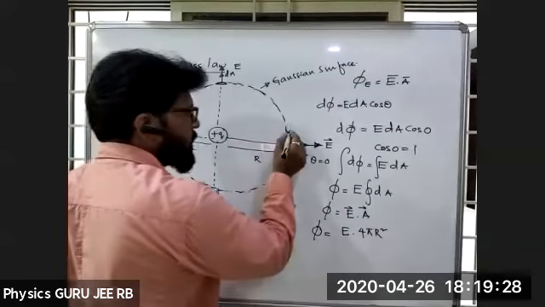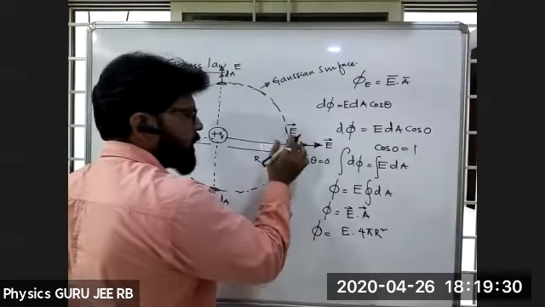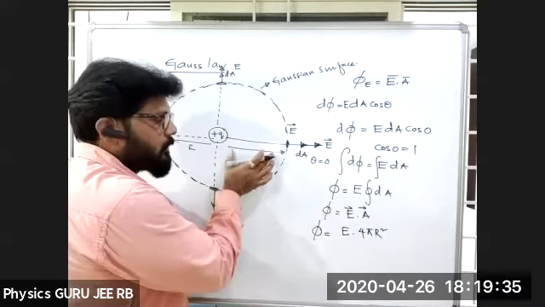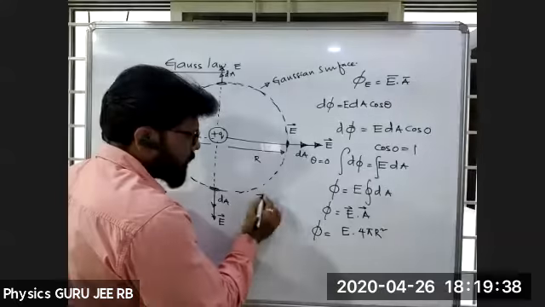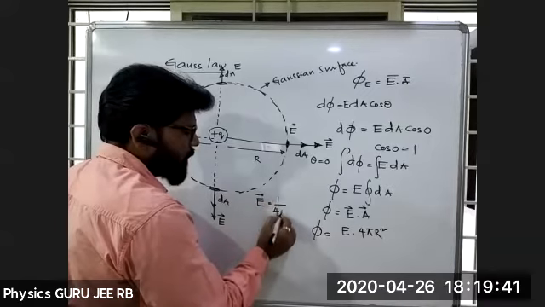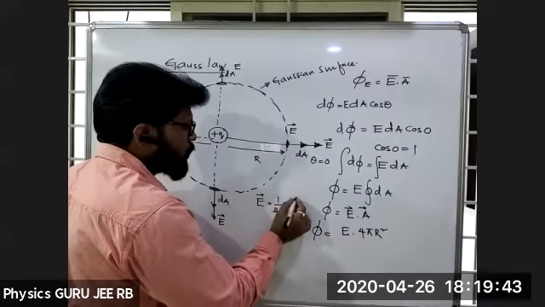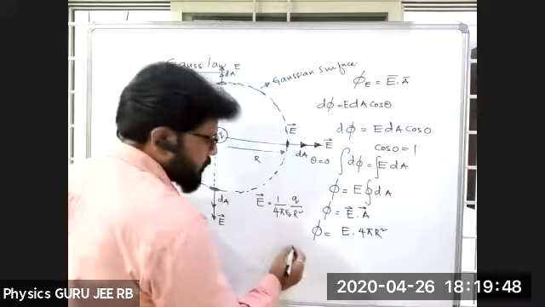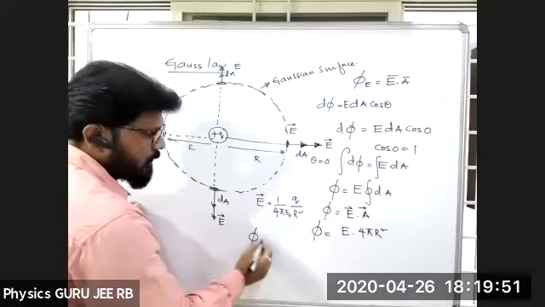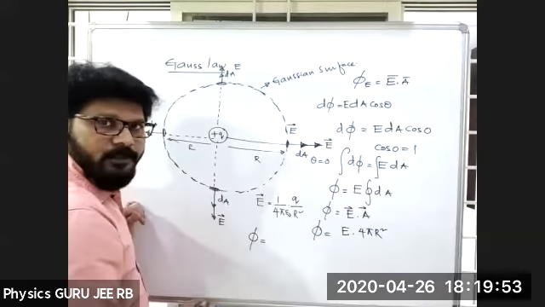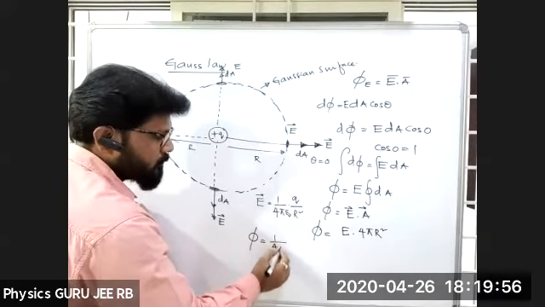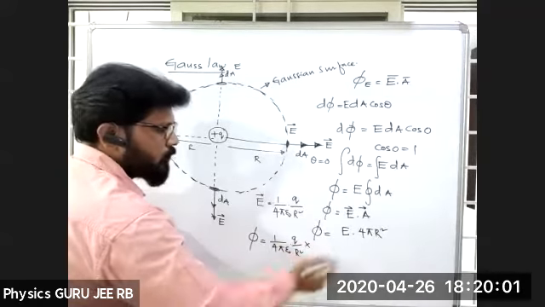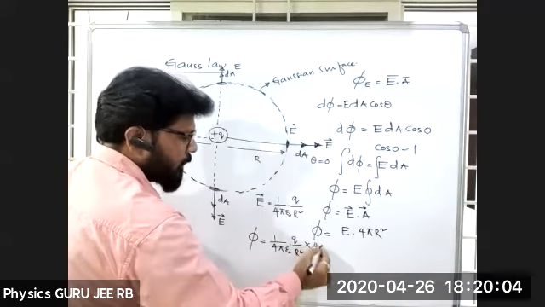And we know that due to this charge, the electric field intensity at this particular distance is E equals 1 by 4 pi epsilon naught into Q by R square. Same thing we substitute here. So now flux phi equals, instead of E, I'll substitute 1 by 4 pi epsilon naught into Q by R square into 4 pi R square.